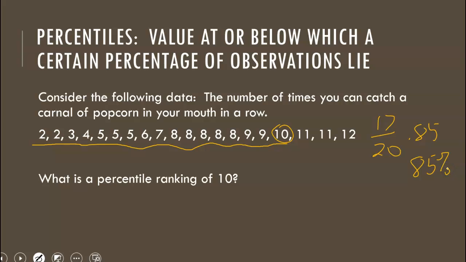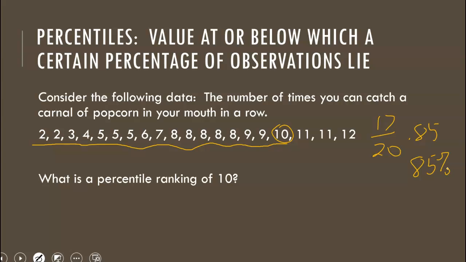You guys are used to this when you get your SAT or ACT scores back, or even your ISTEP scores back. It usually gives you a little report, and it gives you percentiles of where you fall with everybody who's taken the test. Maybe you're in the 60th percentile or the 95th percentile.